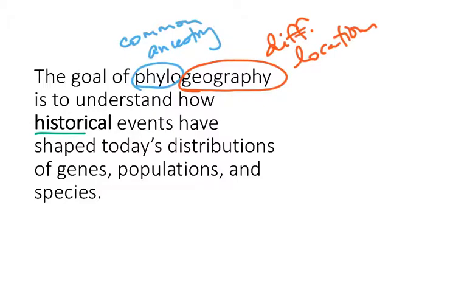So what phylogeography is interested in is how the ancestry of different species or different populations is related across their current different geographic locations. But the unique thing about phylogeography is that we're also interested in this historical aspect.